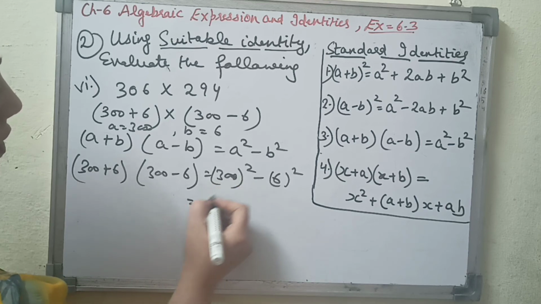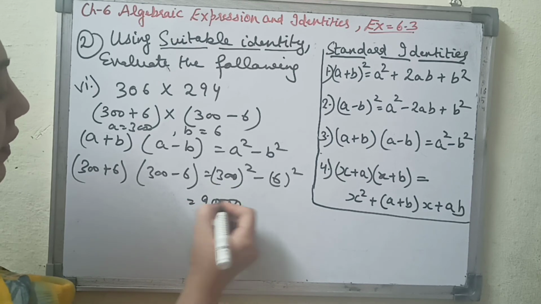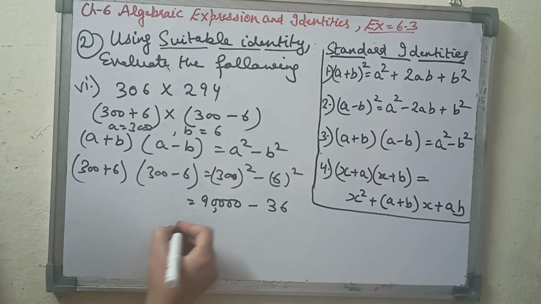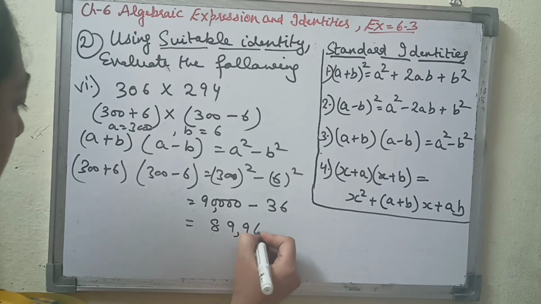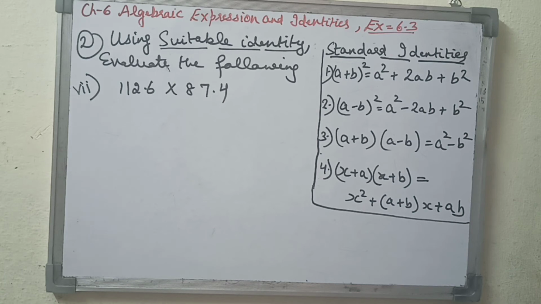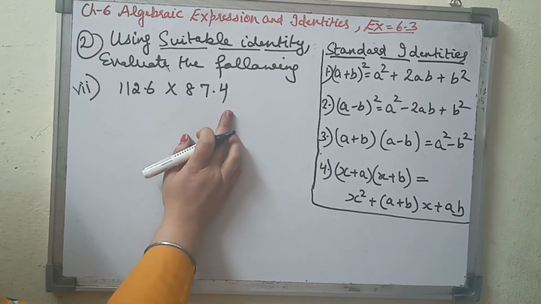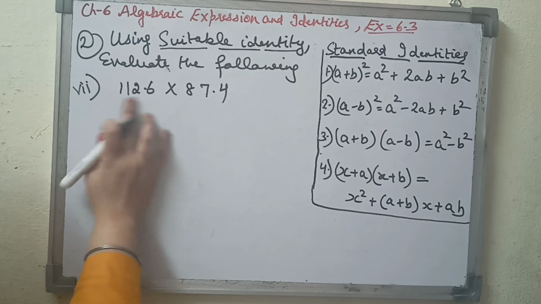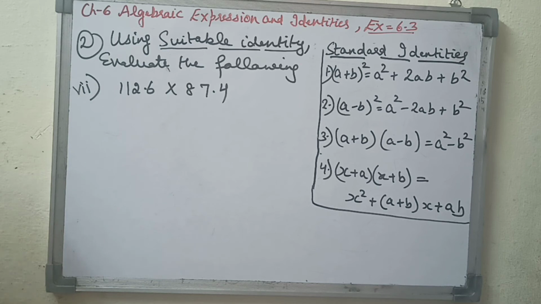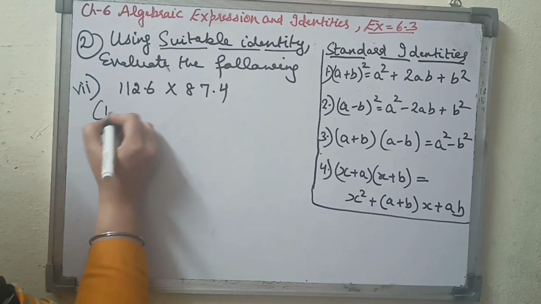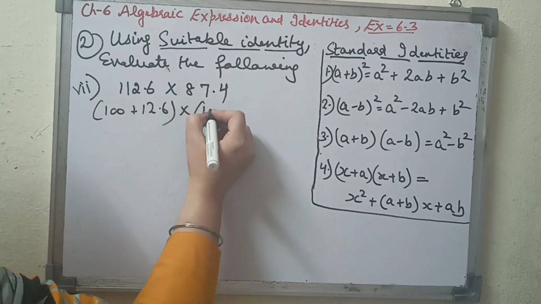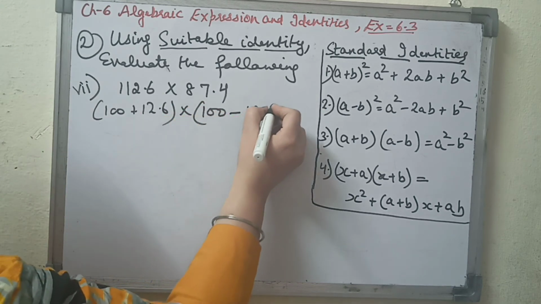Now the square of 300 is 3 threes are 9, that is 90,000, and 6 sixes are 36. Now subtract these two terms, we will get 89,964. This is your answer. Seventh part is 112.6 into 87.4. Again we split these two terms into two similar factors. 112.6 can be written as 100 plus 12.6, and 87.4 can be written as 100 minus 12.6.